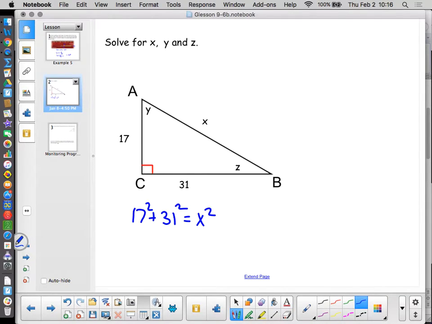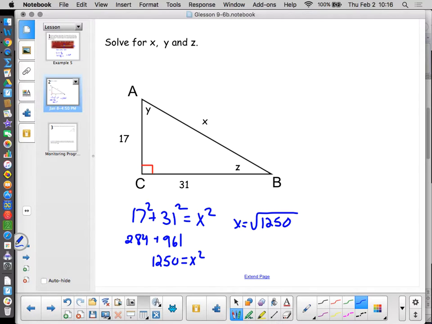The hypotenuse is always the one that's by itself in the Pythagorean theorem. Now 17 squared is 289. 31 squared is 961. When I add those together, I get 1,250 equals x squared. So x is the square root of 1250. Now, because it ends so nicely in 50, I know 25 is going to go in there evenly.